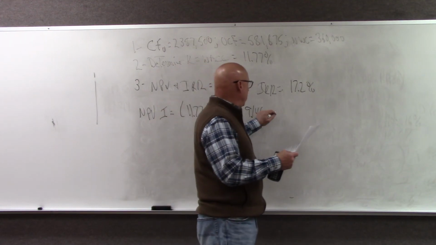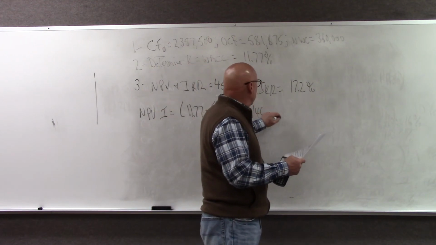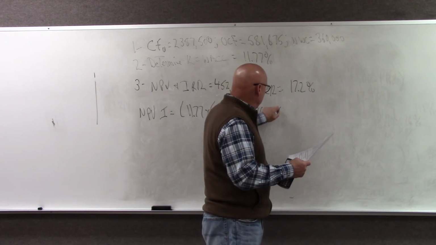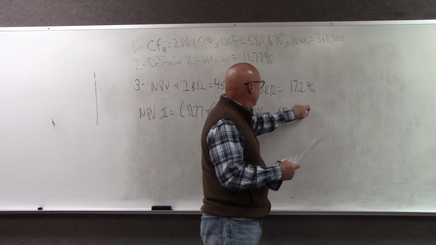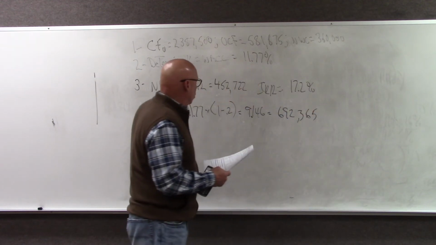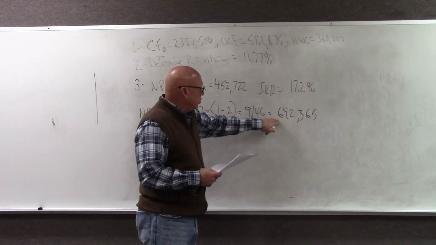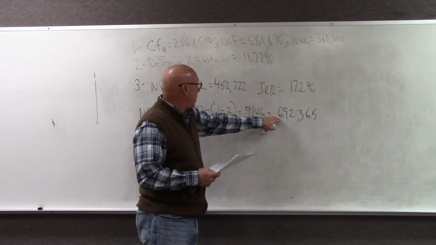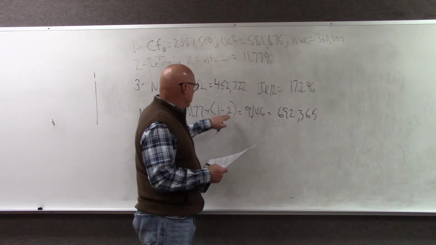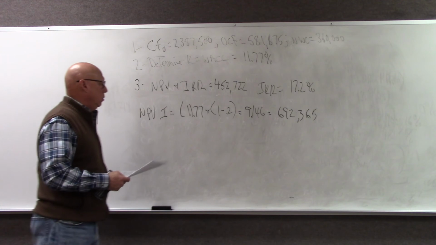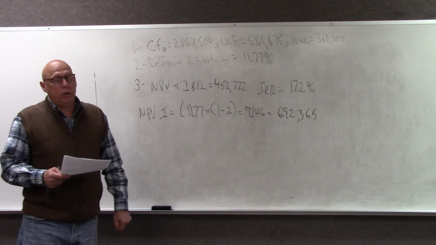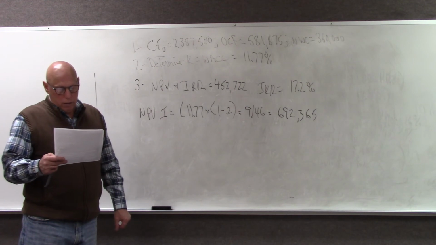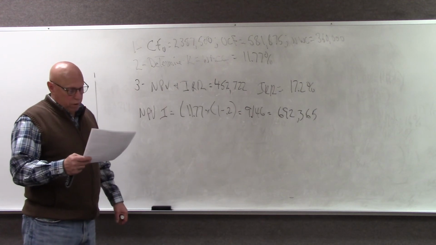Enter, down arrow, and compute, and we get a net present value of $692,365. So the project generates a lot more positive net present value because the discount rate is 20% lower. Okay? Now notice that the internal rate of return is not going to be affected, but our discount rate will be affected.